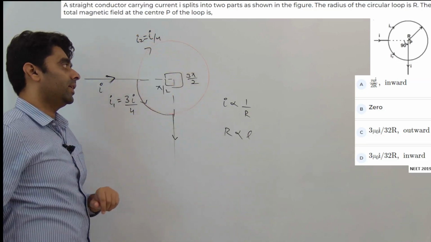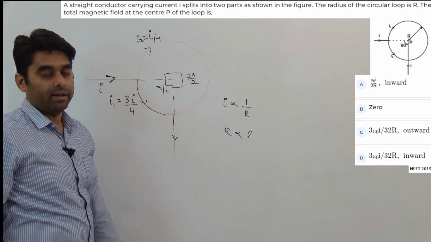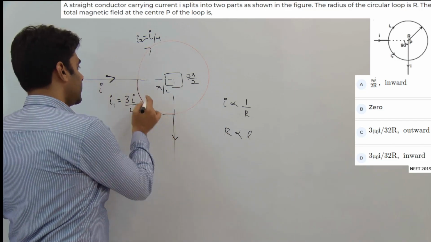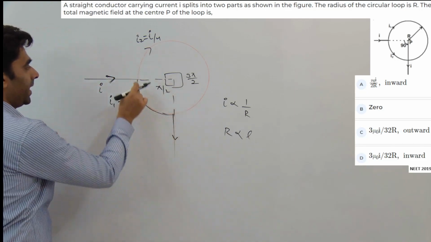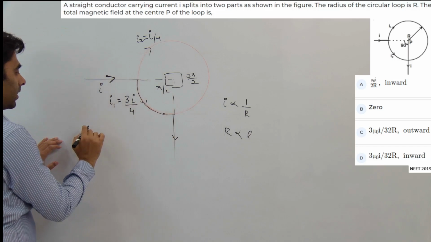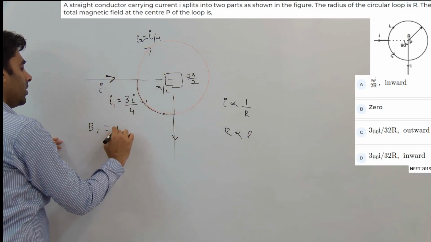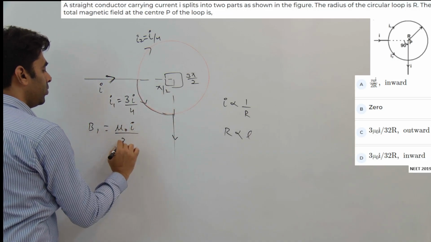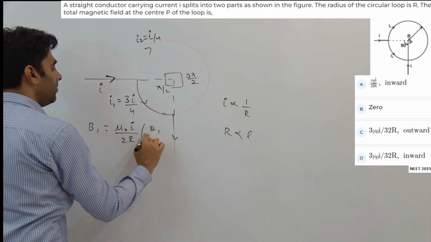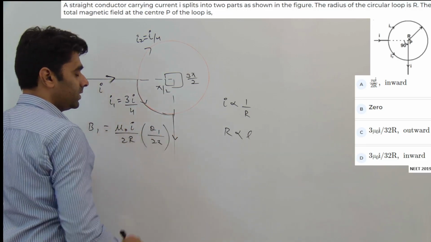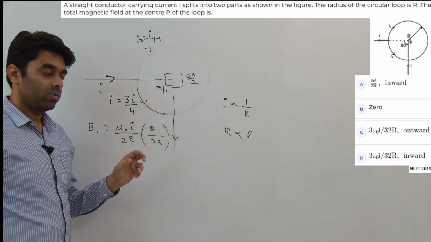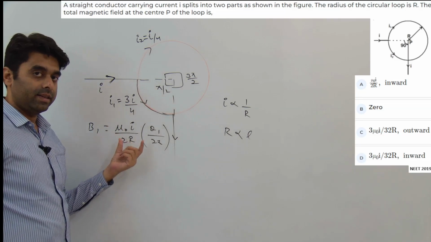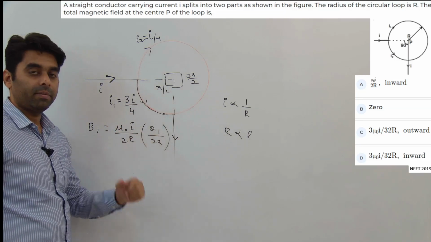Now they are saying, find out the magnetic field at the center. Let us first calculate the magnetic field due to this smaller arc. So B1 will be mu naught I by 2R times theta by 2 pi. I hope this relation is clear. Due to a circular arc, the magnetic field at the center is given as mu naught I by 2R times theta by 2 pi.